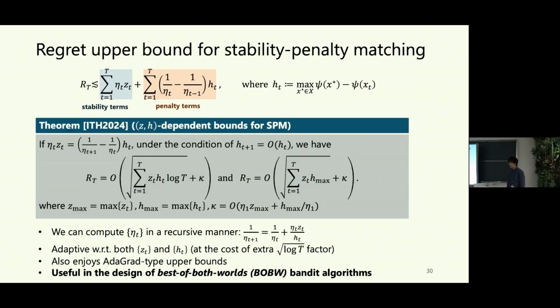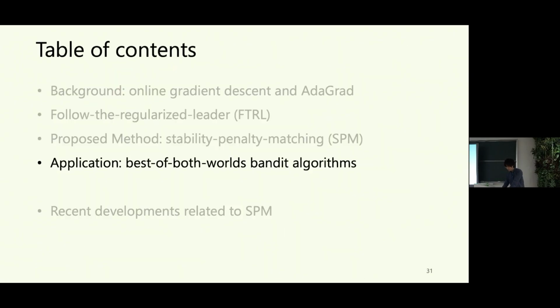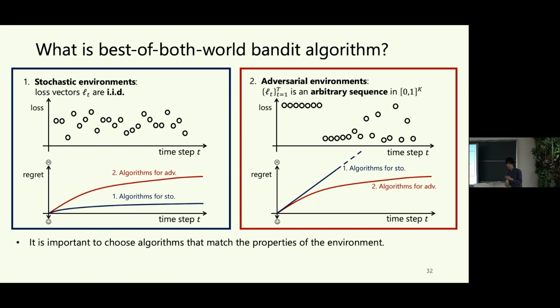So you may wonder what is the benefit of being adaptive to HT. Here we can say that this is useful in the design of best of both worlds bandit algorithms. Let me introduce what a best of both worlds algorithm is.